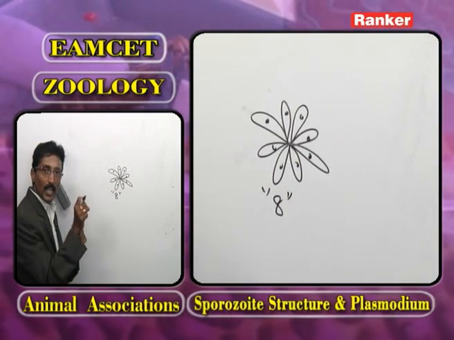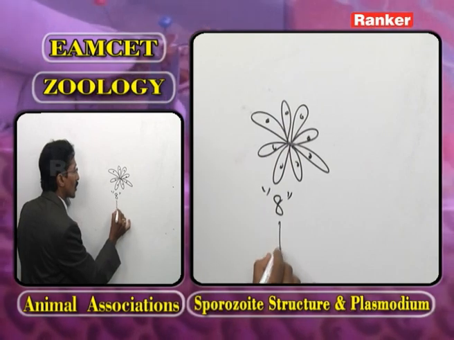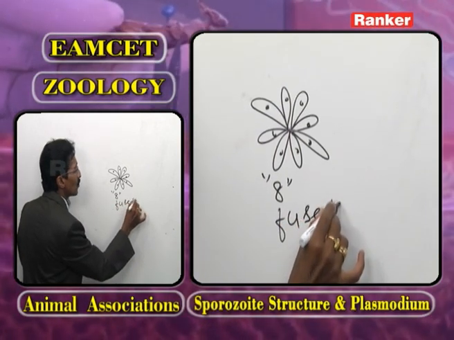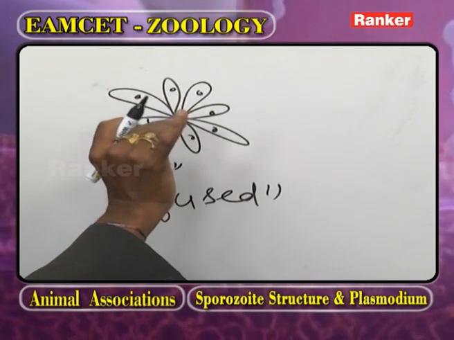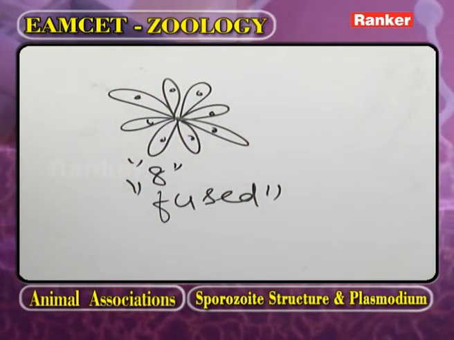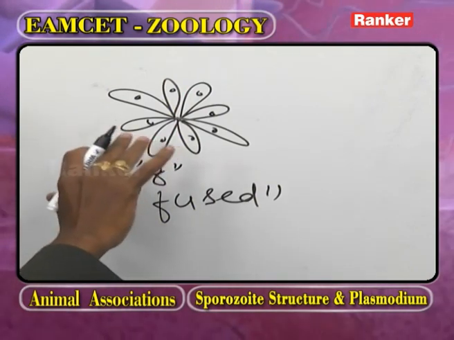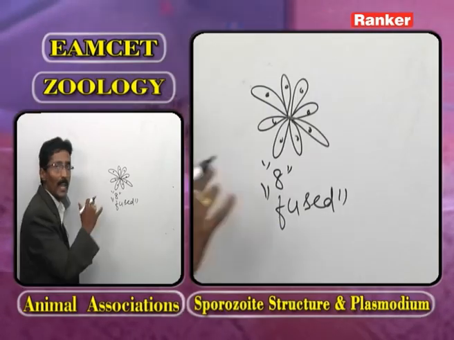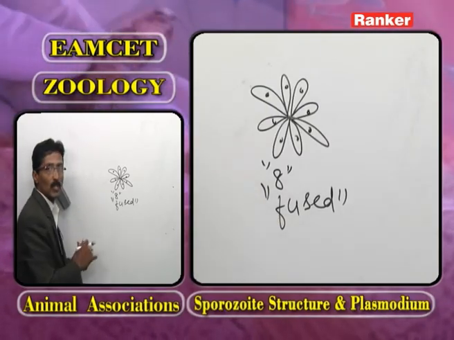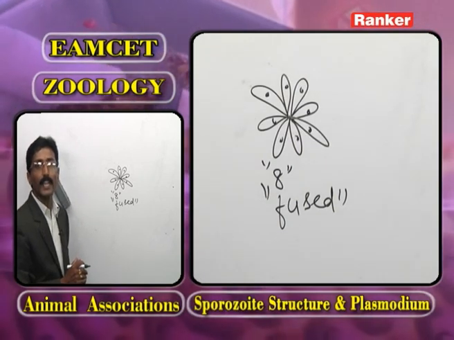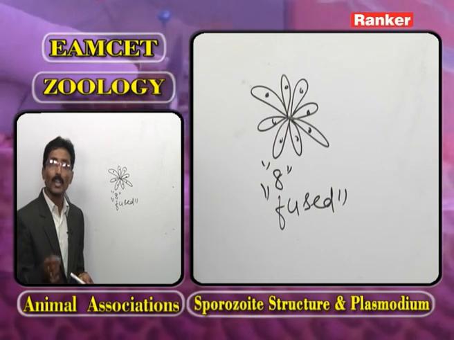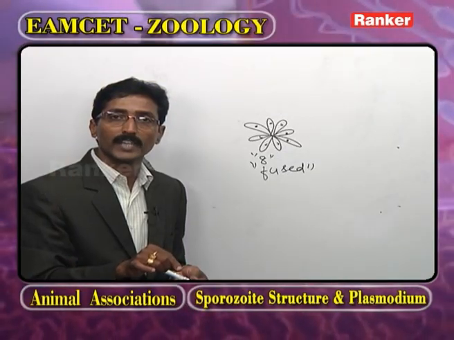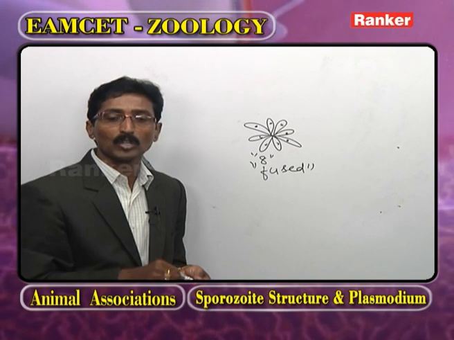Initially, the male gametes or microgametes are fused. Later, the microgametes separate from the male gametocyte. The process of separation of male gametes from the male gametocyte we call exflagellation. What about gametogony? The formation of gametes from the gametocytes we call gametogony.